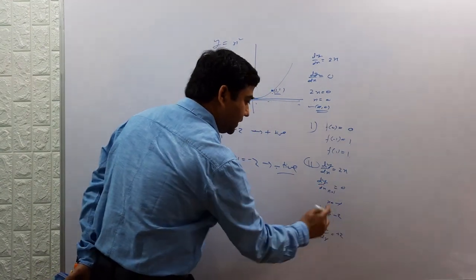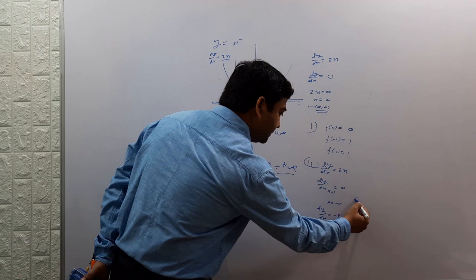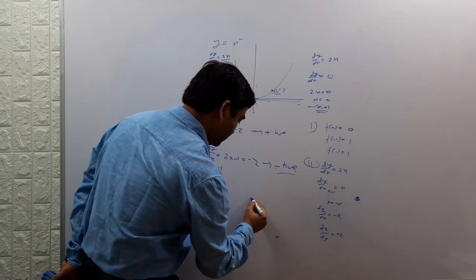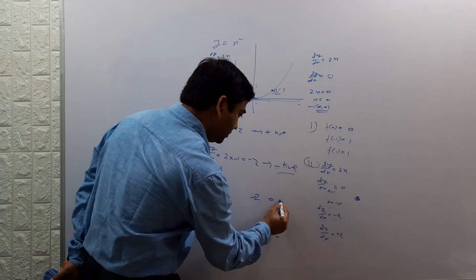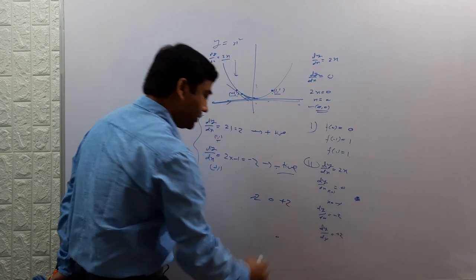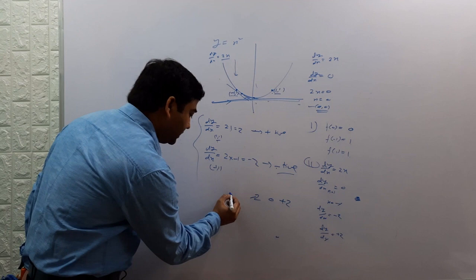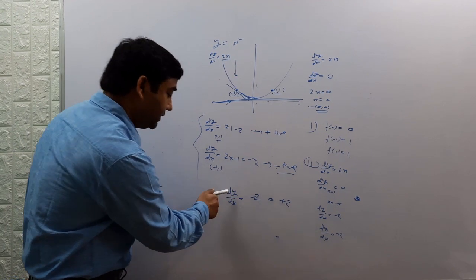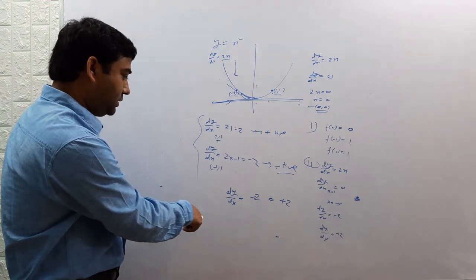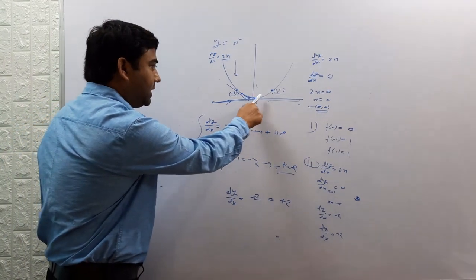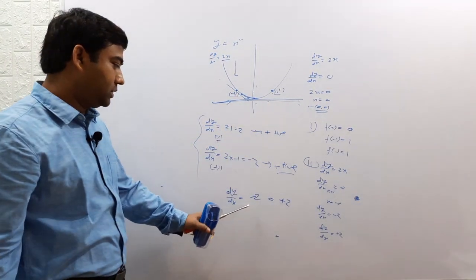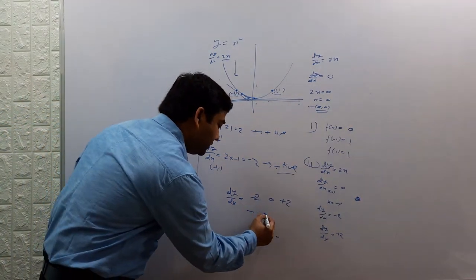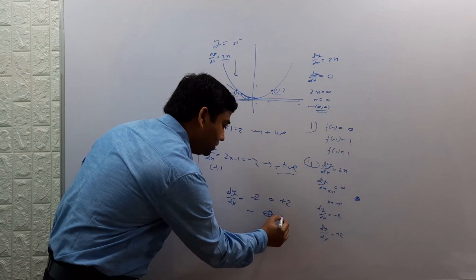So the change in sign: -2, 0, +2. This is the change in sign of the derivative, that is the gradient of the tangent, before and after the turning point: minus, 0 and plus.